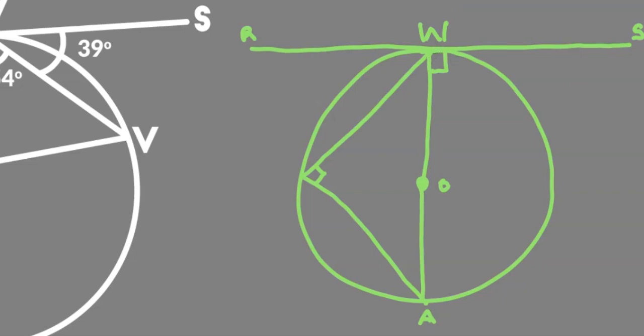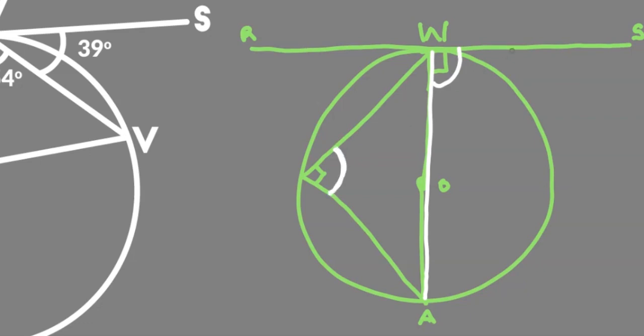Whenever we have an angle between a tangent line and the line passing through the circle, I want us to focus on the line AW, and I want us also to focus on this angle opposite the line AW. For any case where we have this representation that I've just drawn here, the angle that is going to be here is going to be equal to the angle that is going to be here.